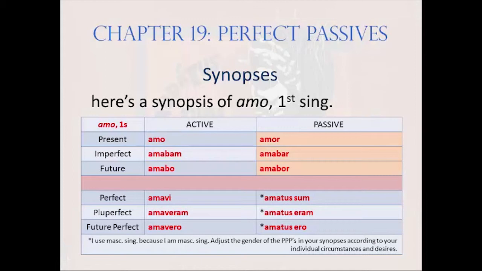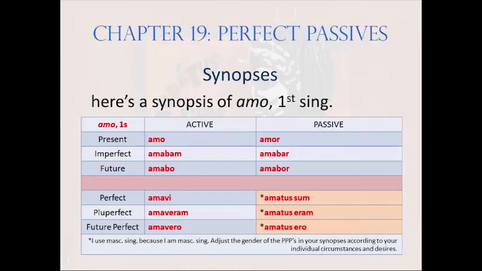Moving across the chart to the upper right-hand quadrant, you see the passive, amor, amabar, amabor. In the lower left-hand quadrant is the perfect active, amavi, amaveram, amavero. And finally, in the lower right-hand quadrant is the perfect passive, amatus sum. I'm using the masculine form of the participle here because, well, I am masculine.